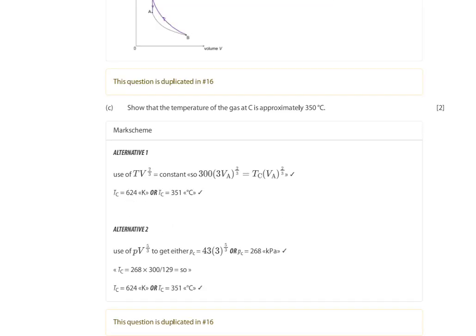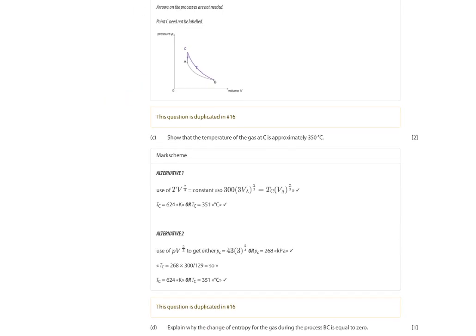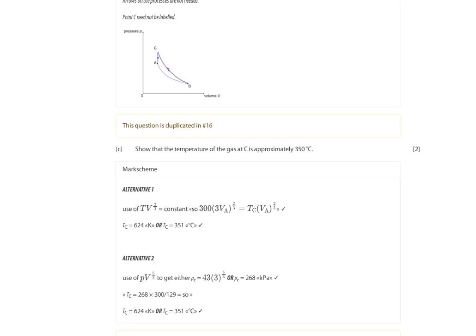They have 2 ways of doing this. They have this TV to the 2/3 as a constant. That's new. I've never seen that. But I'm looking just at the adiabat. If we could go from B to C using the information of B's.